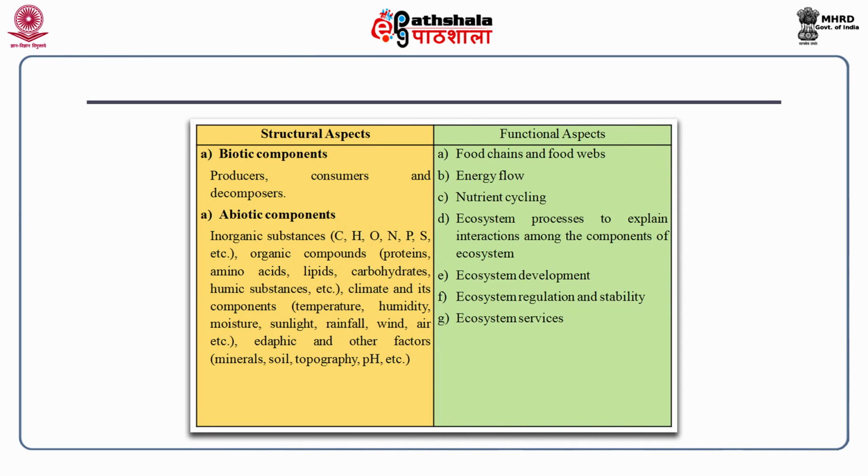This table shows the structural aspects and functional aspects of an ecosystem. As we have studied in the previous module also, as far as structural aspects of an ecosystem are concerned, an ecosystem has two components, biotic components and abiotic components.